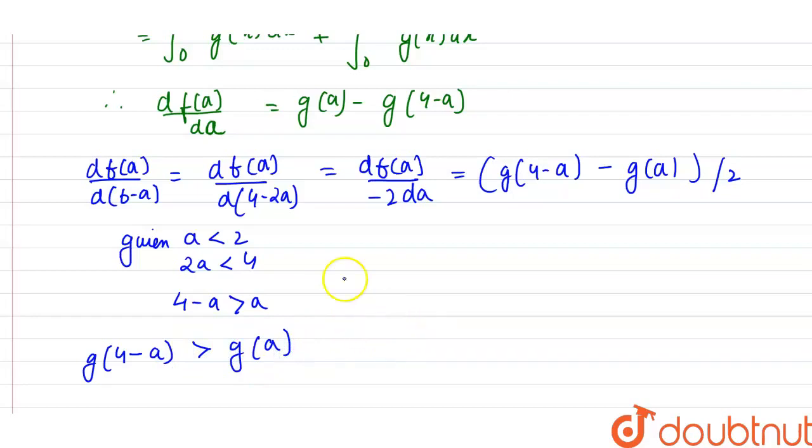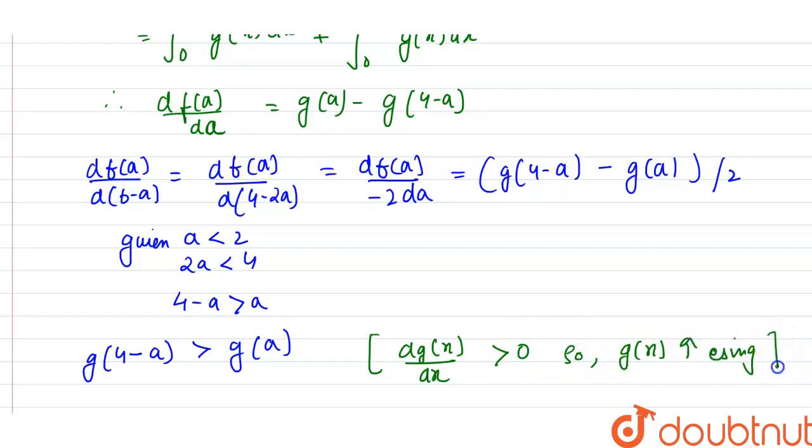Because what we can see that d g(x) divided by dx is greater than 0. So it is sure that g(x) is going to be an increasing function, right?